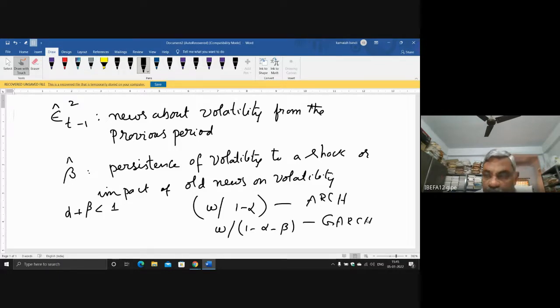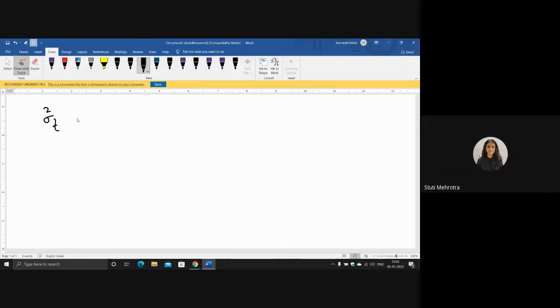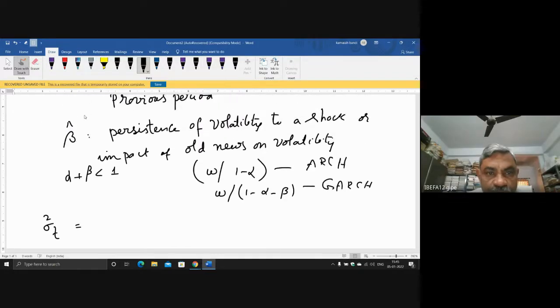Now, if the GARCH equation is slightly rewritten, it takes the following form, that is sigma square t. Sir, can you scroll up for a second? Yeah, sure. Thank you, sir.